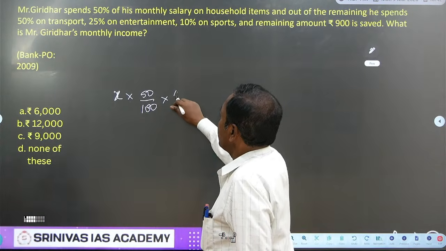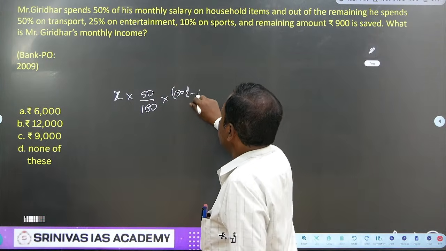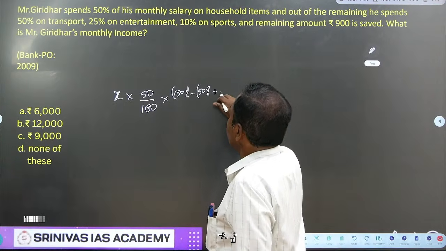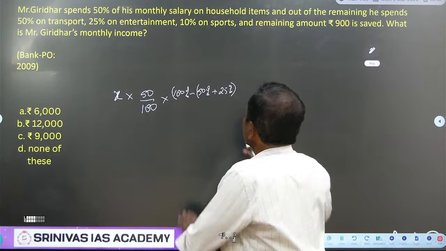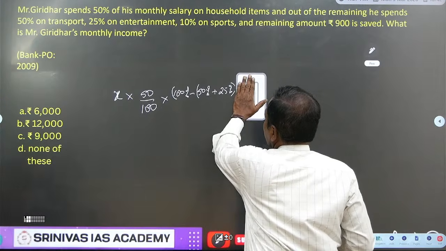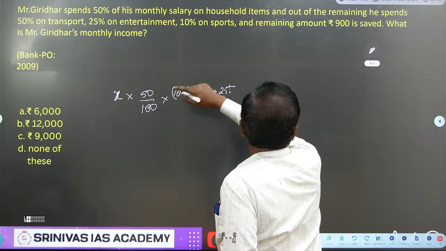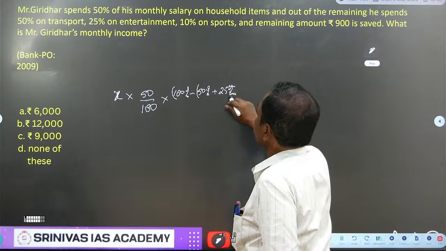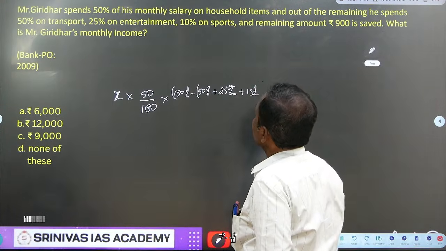And out of the remaining he spends 50%, you can take 100% minus 50%, 25%, and 15%. He spent 50% on transport, 25% on entertainment, plus 15% on sports. 10%.